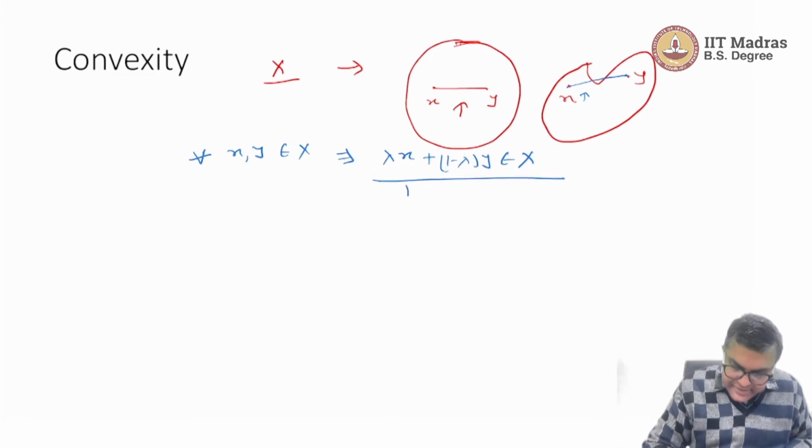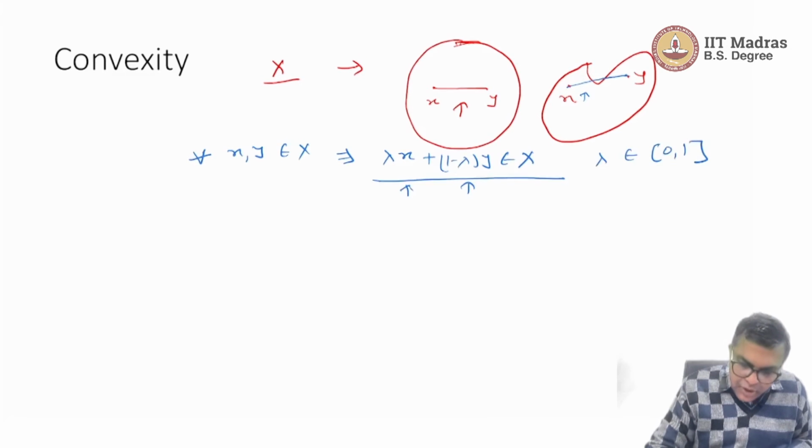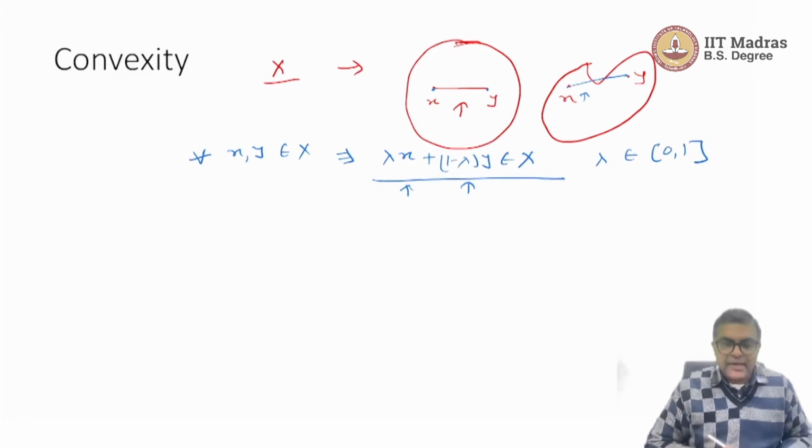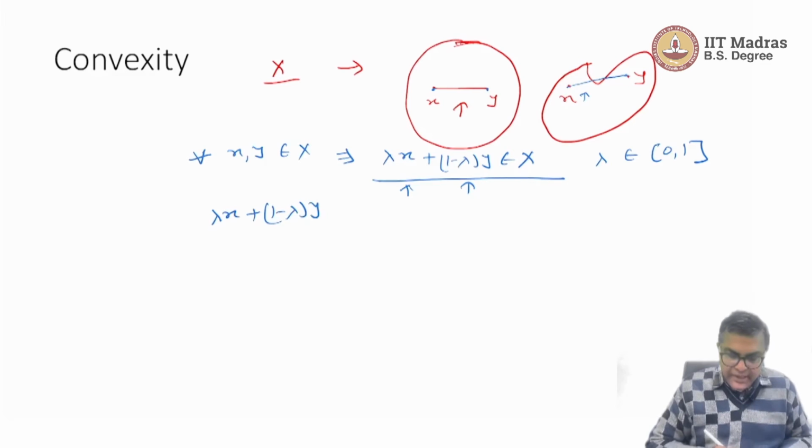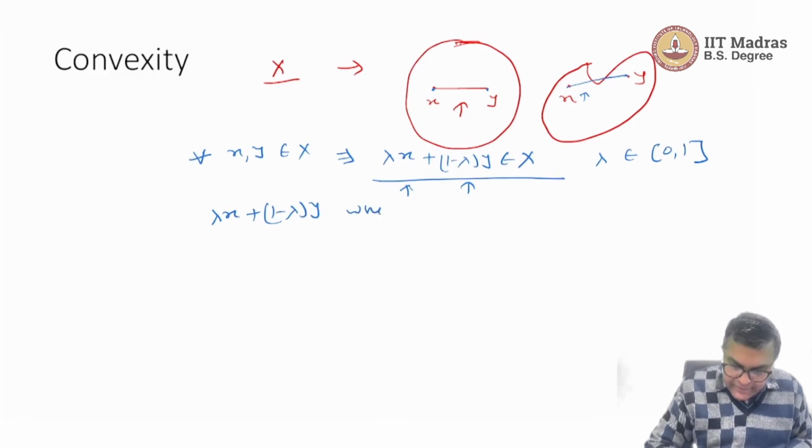What does it mean? Let us understand. Here lambda can be any number between 0 and 1. So, how can we indicate a line that passes through x and y? That is coordinate geometry, and that line has this equation lambda x plus 1 minus lambda y, where lambda can be anything between 0 to 1.